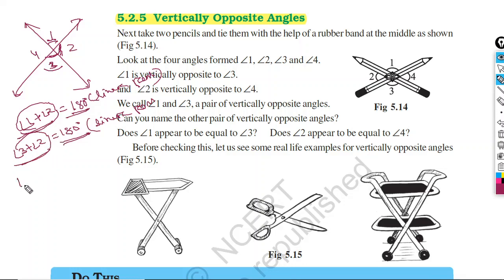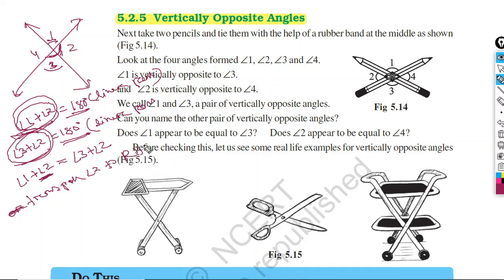Now we can write angle 1 plus angle 2 equals angle 3 plus angle 2. Now transpose angle 2 to the RHS.